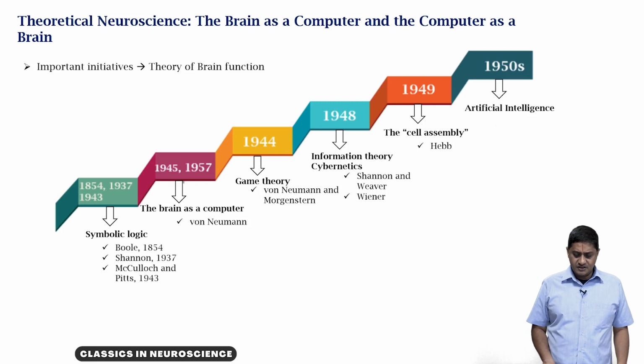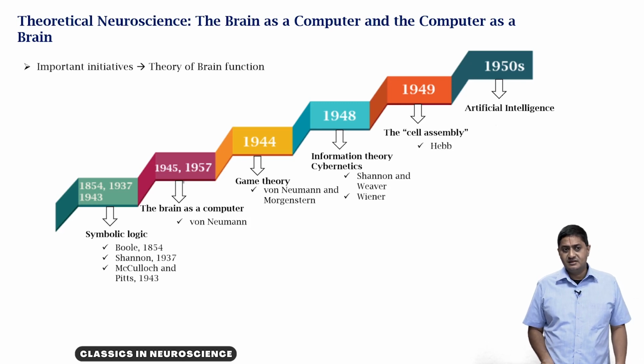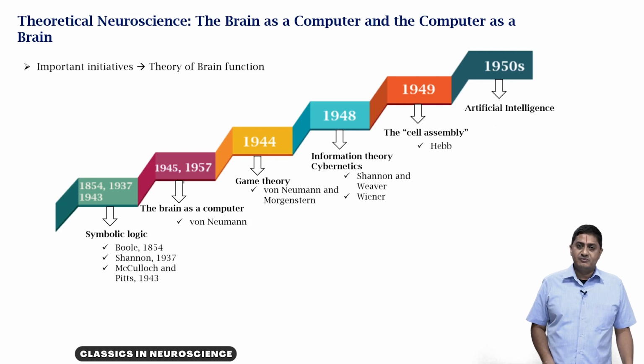Meanwhile, what has also happened in other fields is something that is worth keeping a note of. Boole in 1854 came up with an interesting approach to studying and understanding logic.